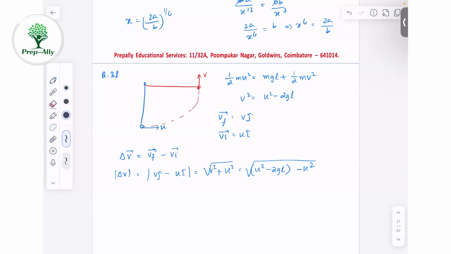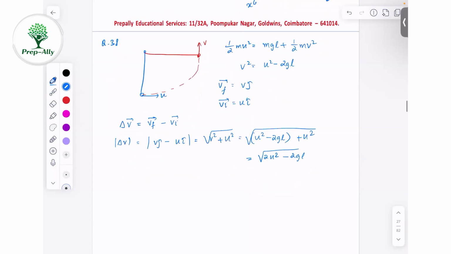So then this becomes 2U square minus 2GL under root. That is 2 into U square minus GL under root.